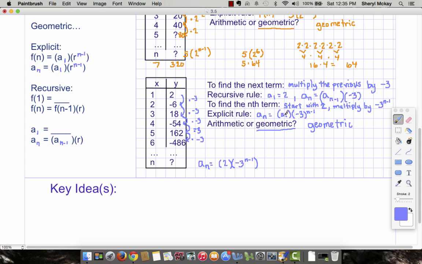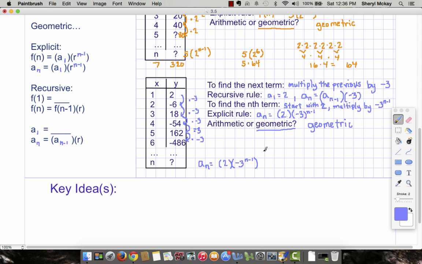So over here where I wrote a sub 1, I should have really put in our first term, which is what we're starting with. So I'm going to do that right now. Say that this is 2 times -3 to the n minus 1 power. So let's try it out.